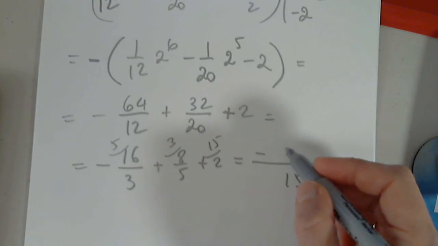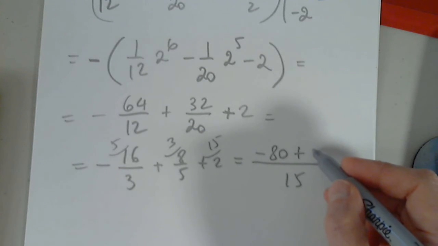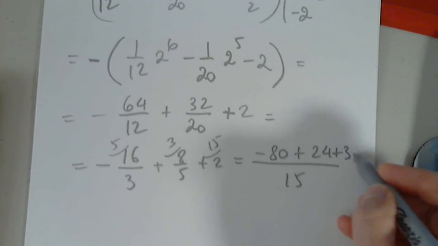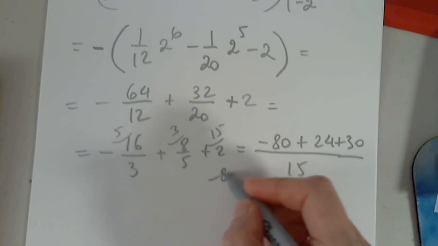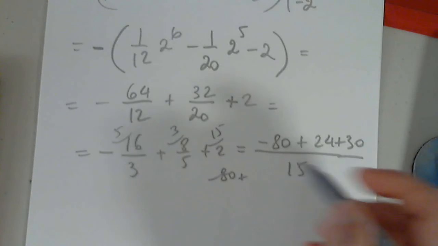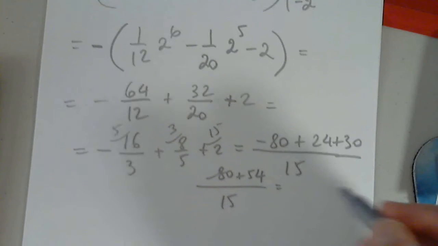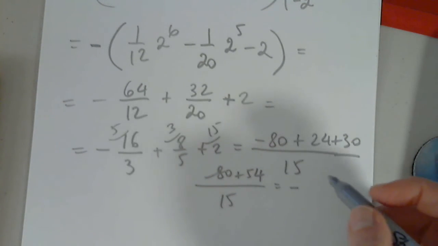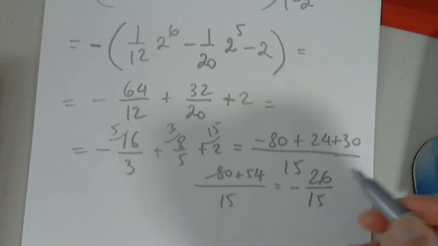So negative 80 plus 24 and plus 30. So 50, so negative 80 plus 54 over 15. So I get negative 26/15.